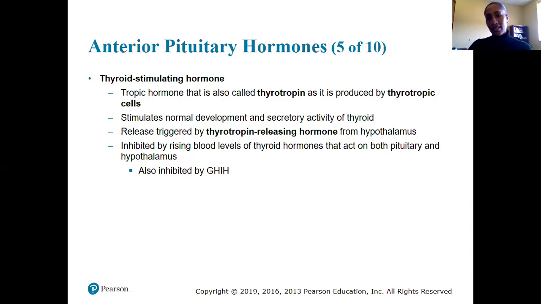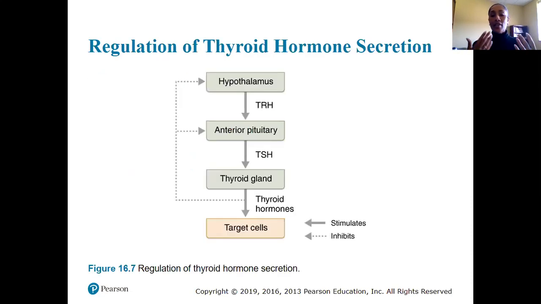It will target the anterior pituitary gland, and then the anterior pituitary gland will synthesize and release TSH. TSH will then travel to the thyroid gland so that the thyroid gland can release thyroid hormones, and then the thyroid hormones will then travel to all of its target cells.